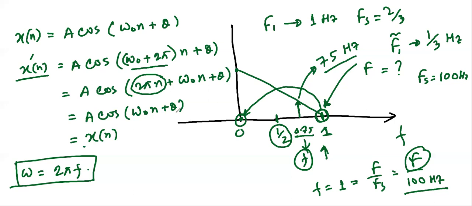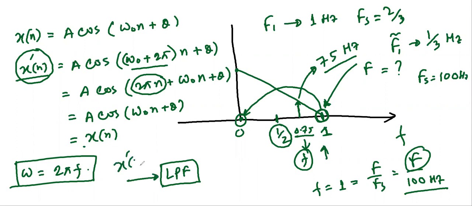Which frequency is higher? Definitely x prime [n] is the higher frequency, because that is omega 0 plus twice pi, compared to omega 0. So it is an example. If I have a low pass filter, and if I give the input as x prime [n], then what would be the output?